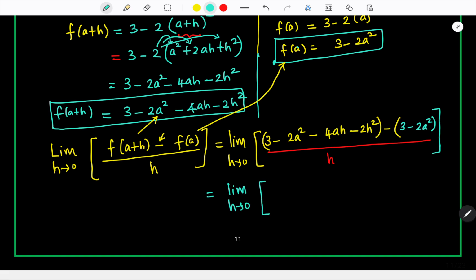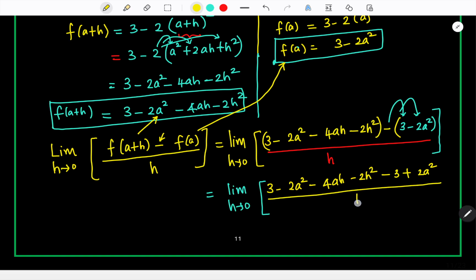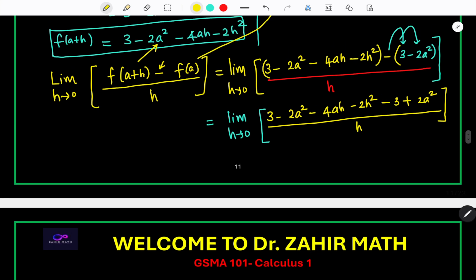So this equals limit h goes to 0, bracket open. Slowly you need to simplify, because you need to take this minus. So this is equal to 3 minus 2a square minus 4ah minus 2h square minus 3 plus 2a square, divided by h. Now check, is there any term that gets cancelled?